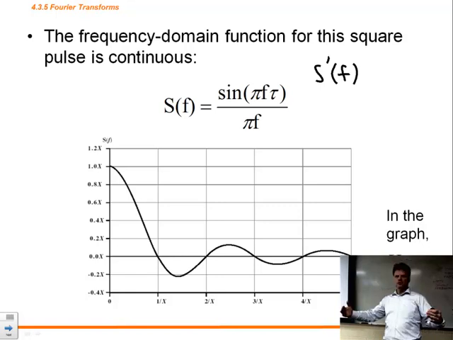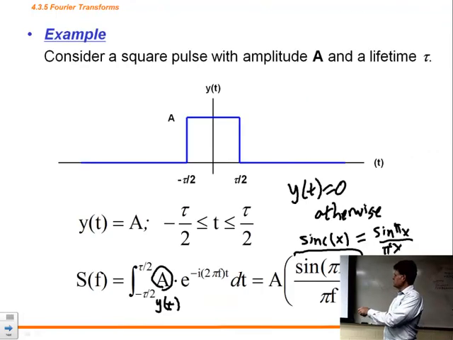So what happens if you take S prime of f and you go back using the inverse transform to recover the wave function? What are you going to get? Your wave is going to look different. Basically, it will kind of look like the square pulse, but it's going to be distorted. It's not going to look exactly the same.